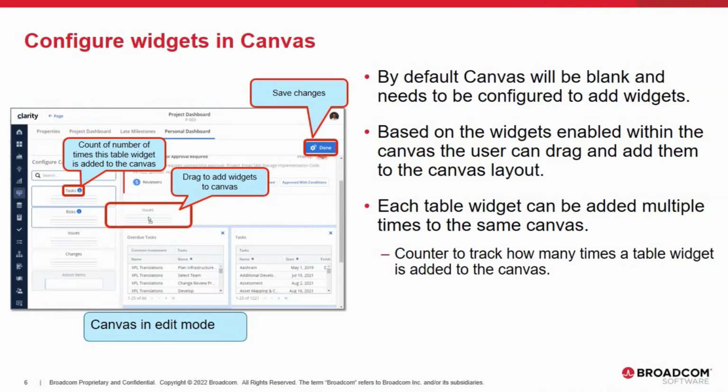The widgets that can be dragged, in this case the table widgets, can be dragged multiple times within the same canvas. And if an end user drags more than once, then a counter is displayed within the widget itself to indicate how many times that specific table widget has been included in this canvas.